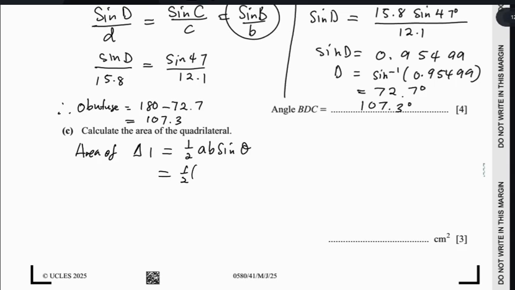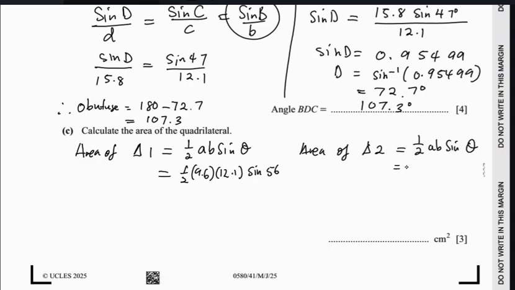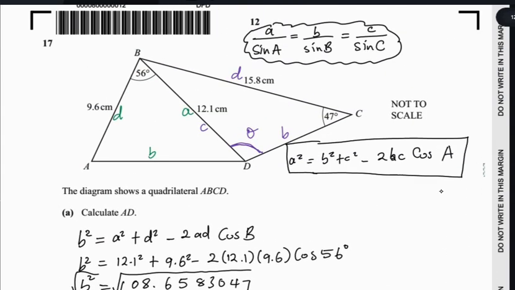Half of 9.6 times 12.1 sine 56. This is plus the area of triangle 2, still the same thing, half ab sine theta, half of the two sides forming the angle.